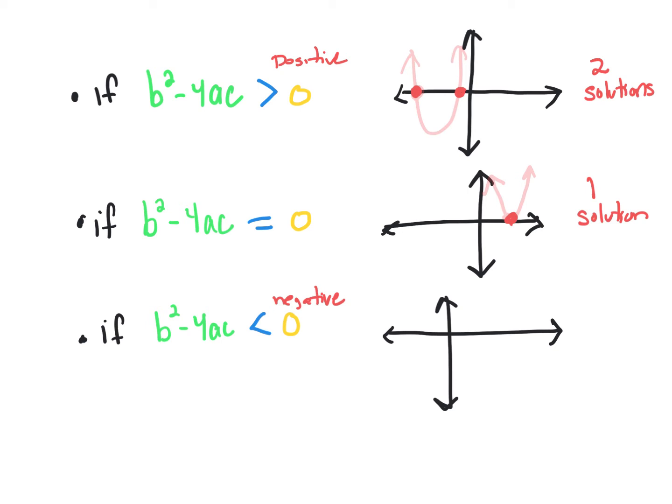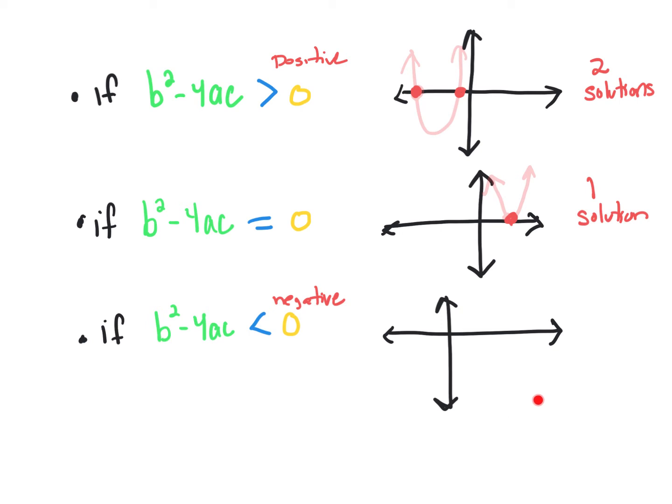All right, let's look at the last possible one here. If we calculate our discriminant and it comes out to be less than 0, meaning it's negative, what we know is that our parabola never touches the x-axis. So it may look something like this, open up over here. It may look something like this, where it's open down.